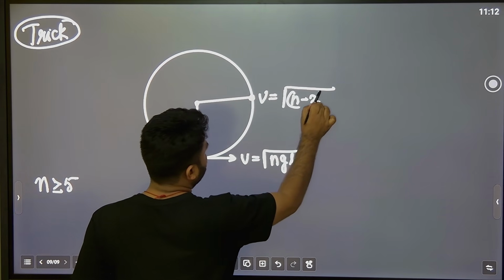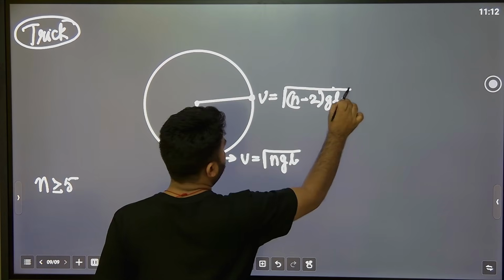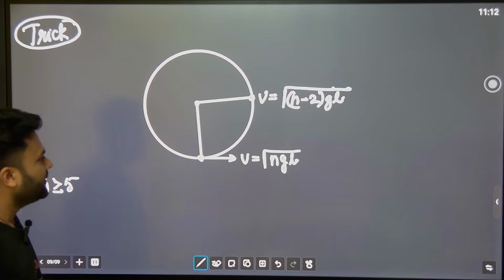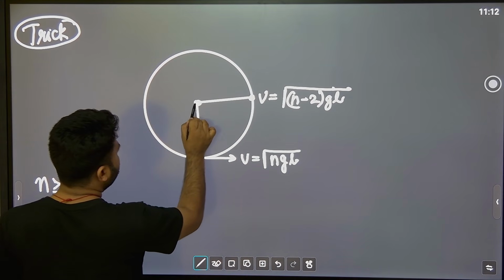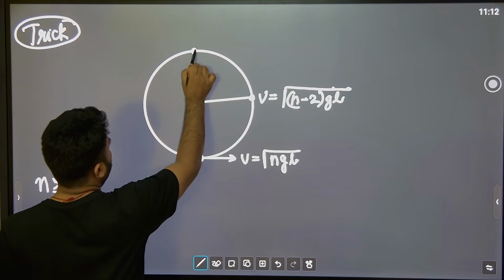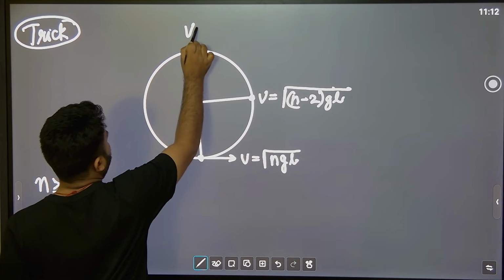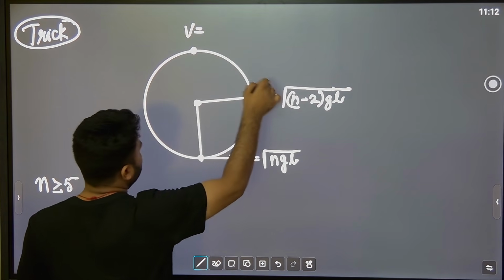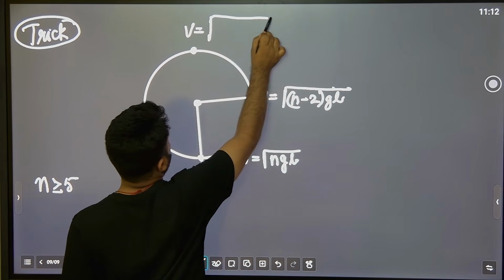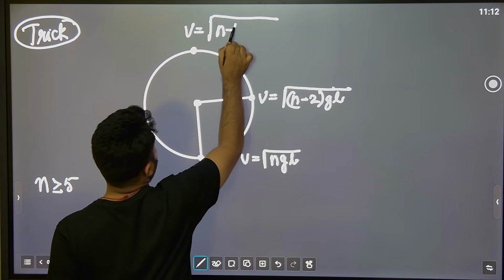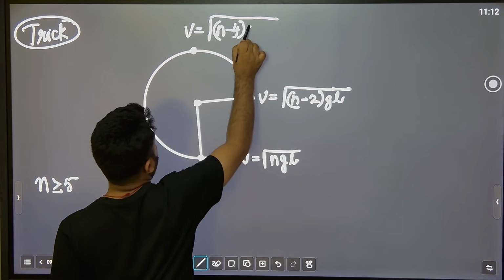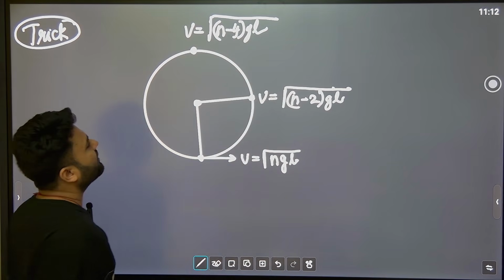So under root n minus 2 GL. They will ask what is the speed at this topmost point. Again subtract 2. So n minus 2 minus 2, n minus 4, under root n minus 4 GL.